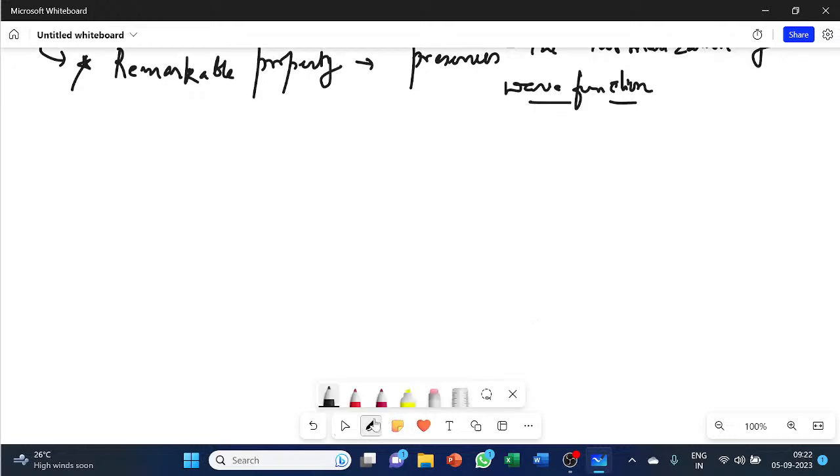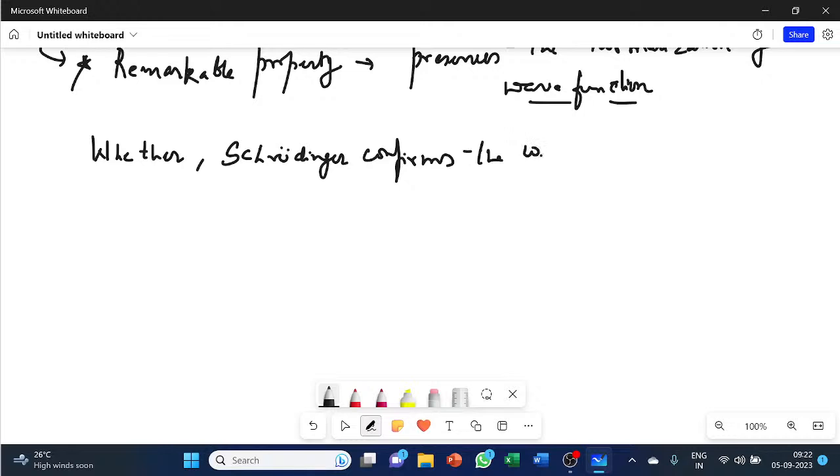Now another question that may arise is whether the Schrodinger equation conserves probability also.